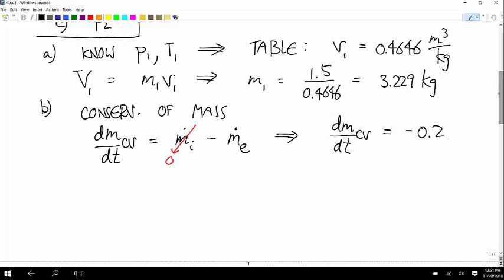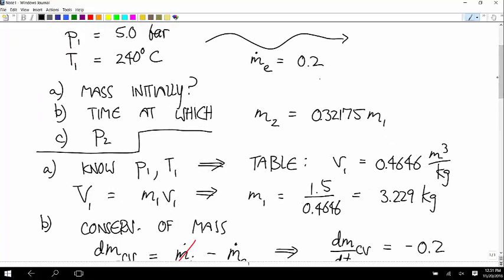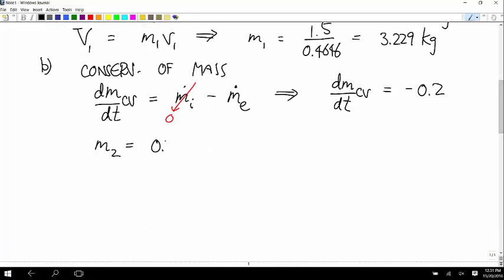We know that there's a couple of ways to think about this integration. One is we know that the mass at instant 2 is 0.32175 times the original mass, and that gives you 1.039.